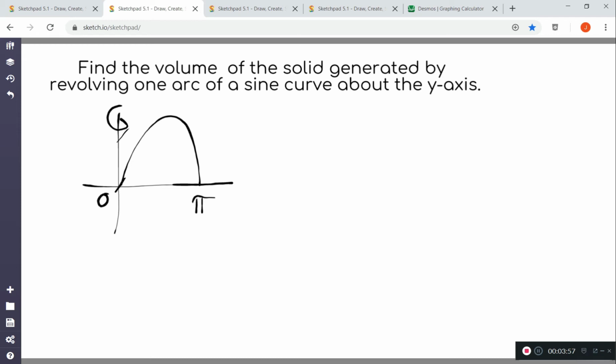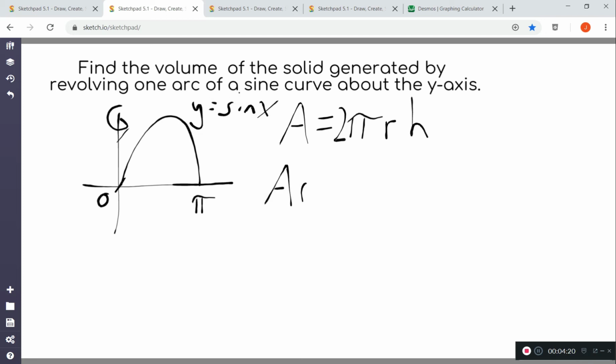Now, how do we get from this area formula to one in terms of our variable in question, which is going to be x? So our formula for the area in terms of our variable x, the 2 pi will stay 2 pi. But what is our radius?